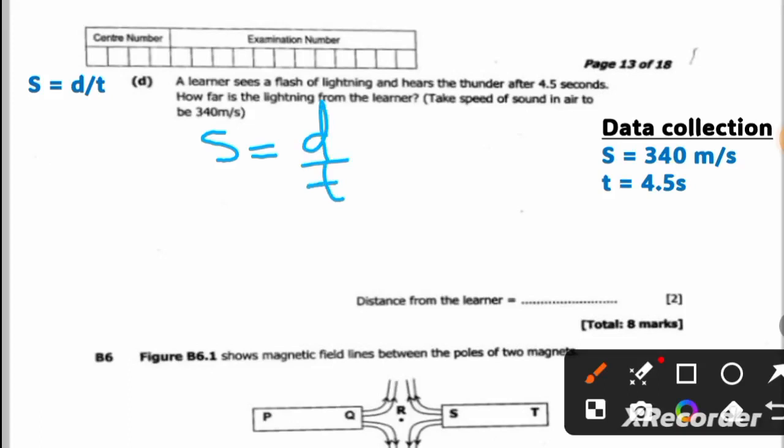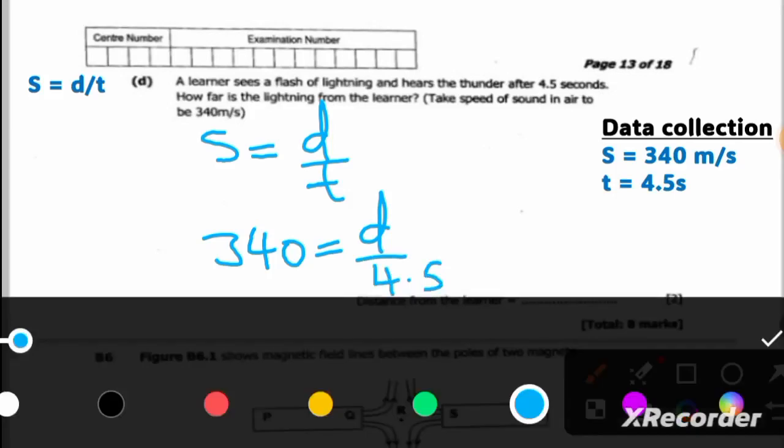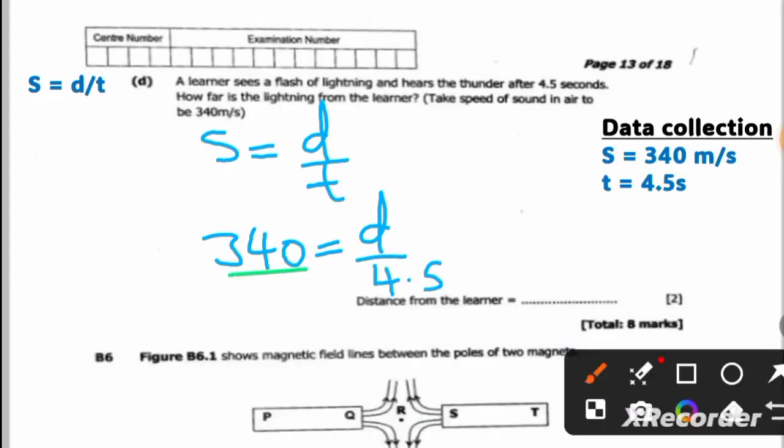We are given the speed, which is 340 meters per second, and we are given time, which is 4.5 seconds. So let us do a cross multiplication here. 1 times distance is equal to distance.